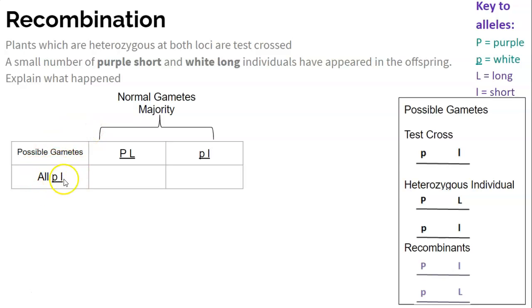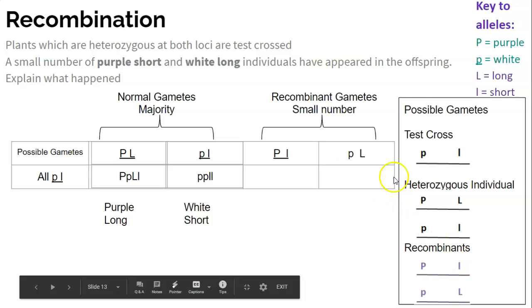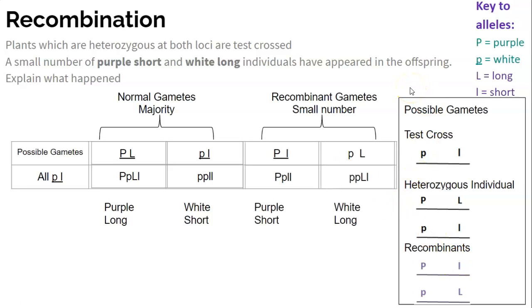You know that you're test crossing, so they all have to be test crossed with the only possible gamete for a test cross. And that's what you would expect to show up: purple, long, and then white and short. However, you get some recombinants where you have this mix-up, and so you have a small number of purple short and white long show up.